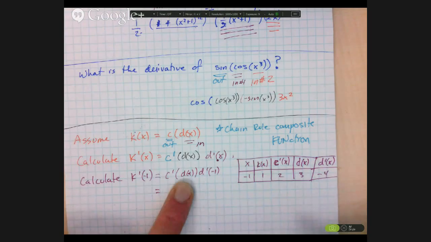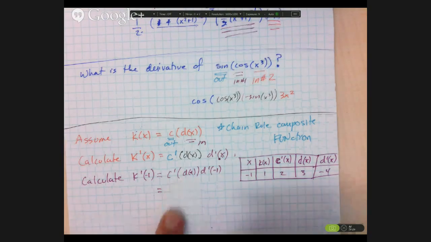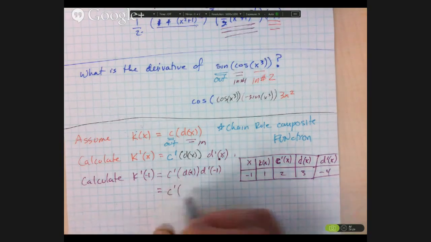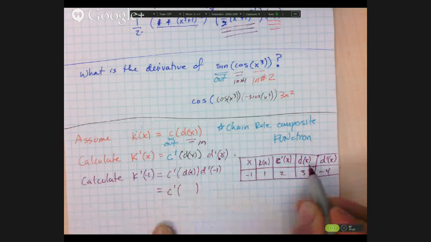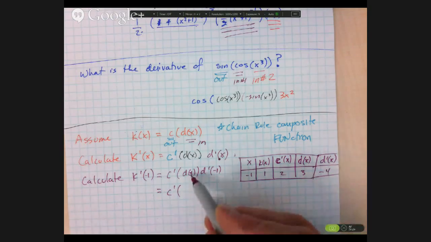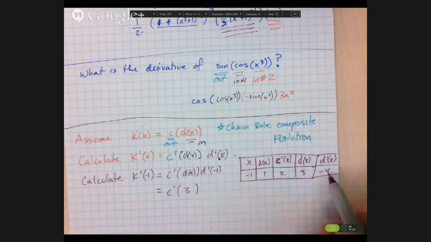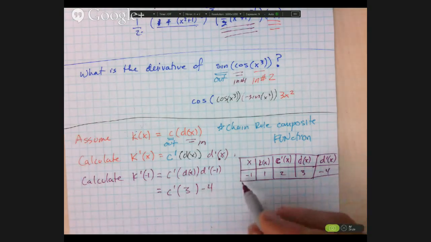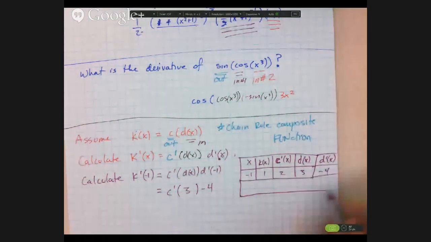What's D at -1? Nope. D of -1 is 3, because we're just in D here. Oh, yeah. Okay. D prime at -1 is -4. Now if I add another row here, we'll actually be able to get an answer.